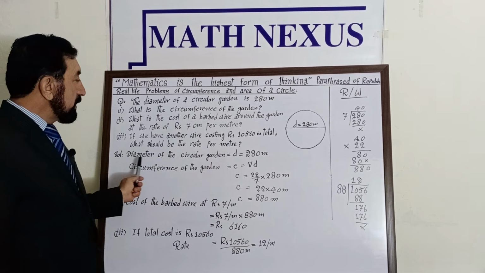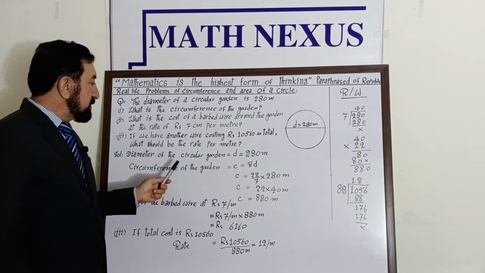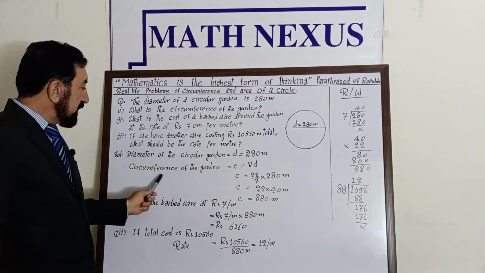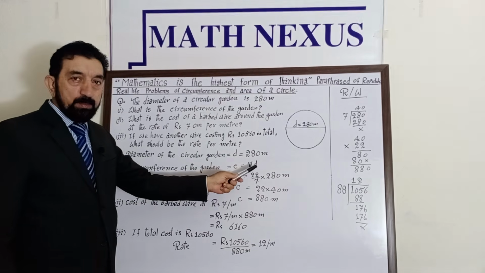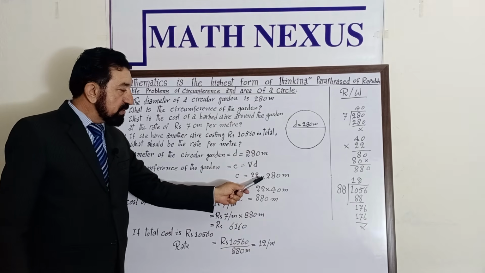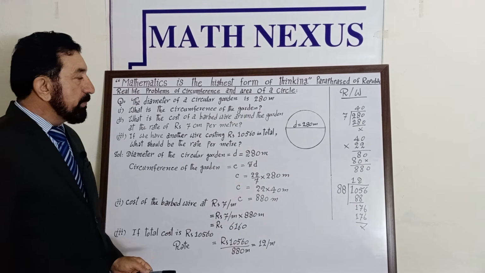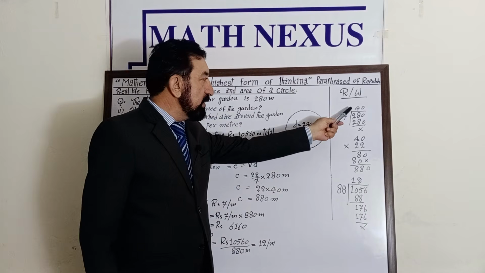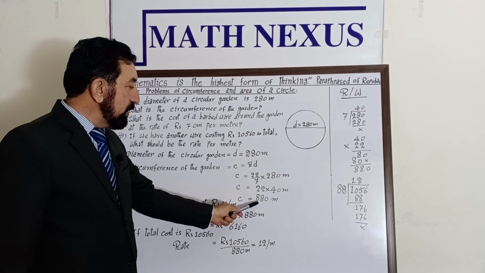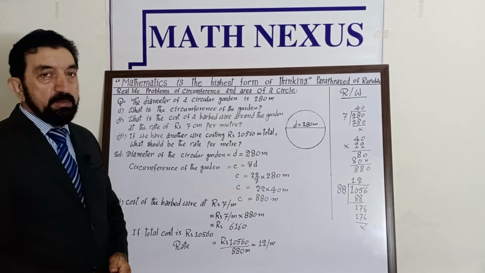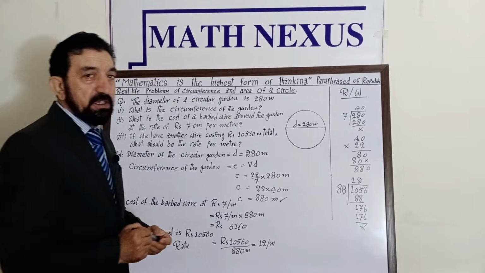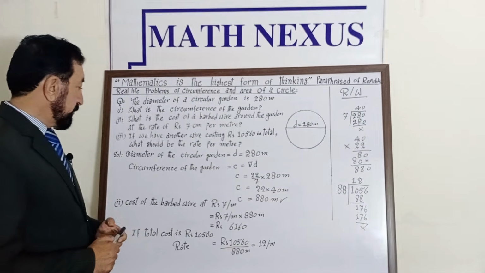Solution: diameter of the circular garden d equal to 280 meter, circumference of the garden C equal to pi d. Putting the value of pi and d, 22 upon 7 into 280, 280 upon 7, this is equal to 40, 40 into 22, this is equal to 880 meter. It means that the circumference of the circular garden is 880 meter.